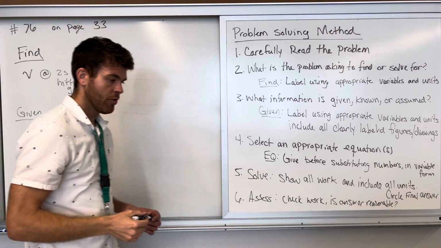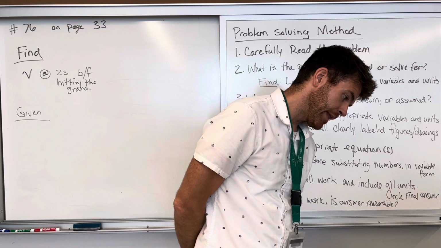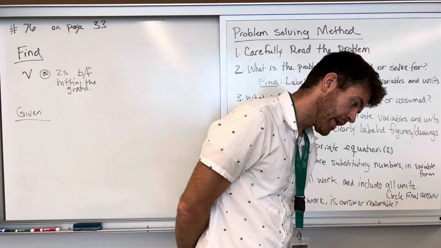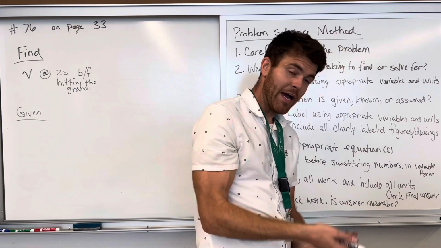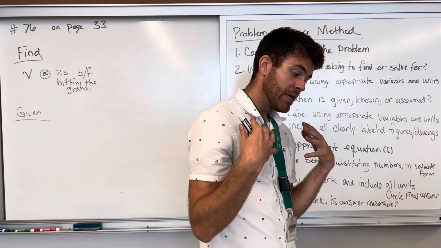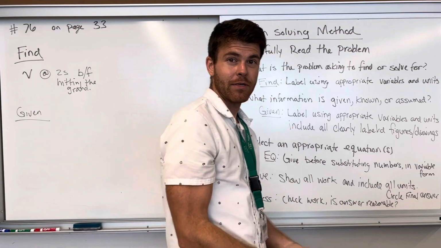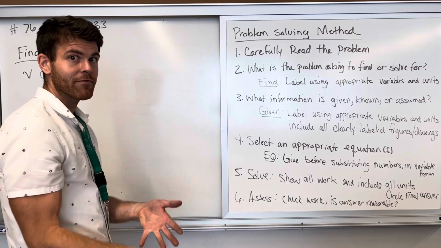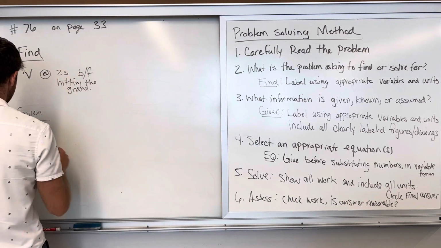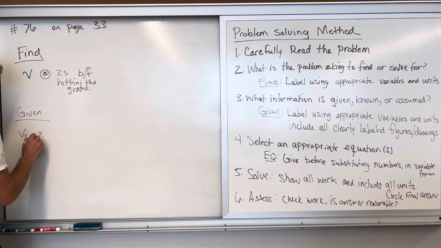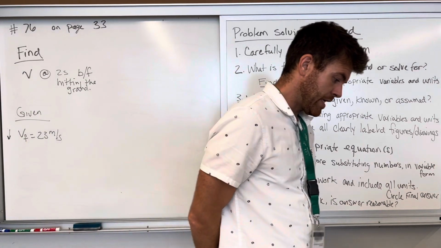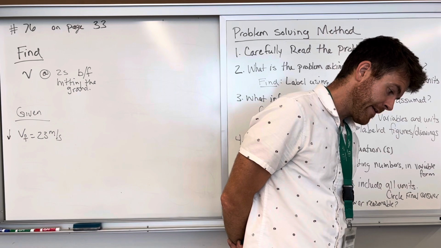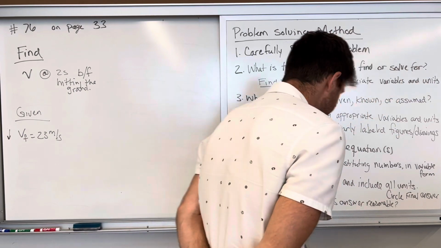It says it drops a nail that hits the ground traveling at 23 meters per second. So I'm going to say that's its final velocity, right? Because there can't be a velocity after that, it's hitting the ground. So its final velocity is 23 meters per second. Let's draw a little arrow just so I know it's down. It's traveling downward.